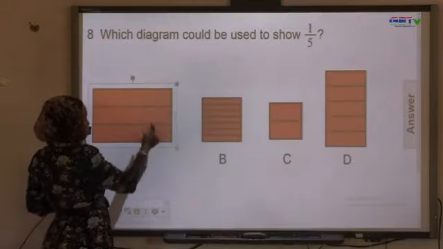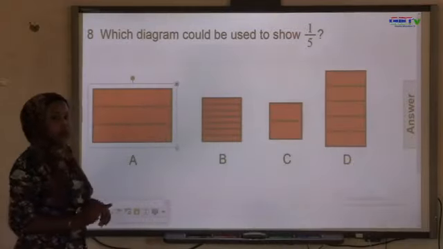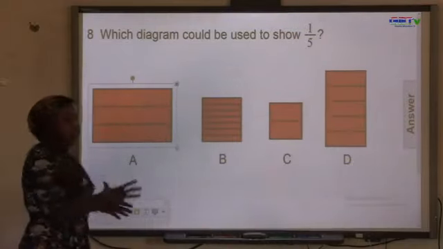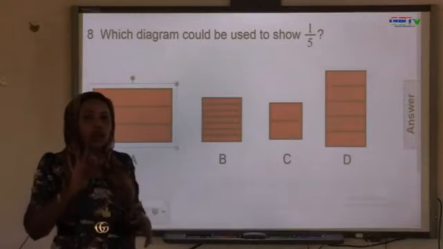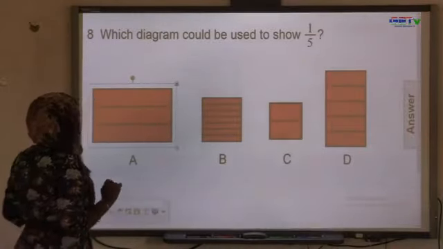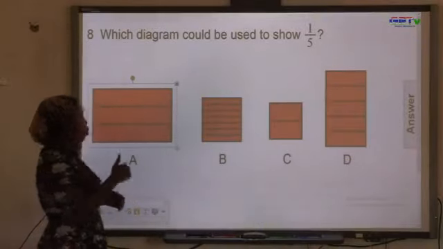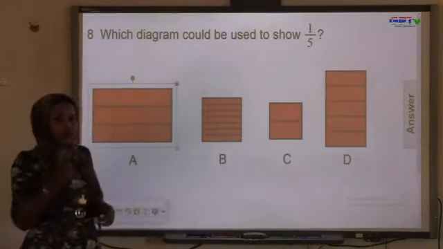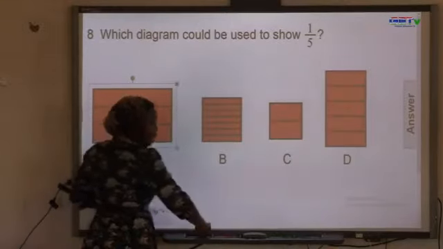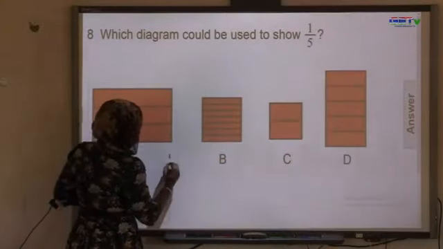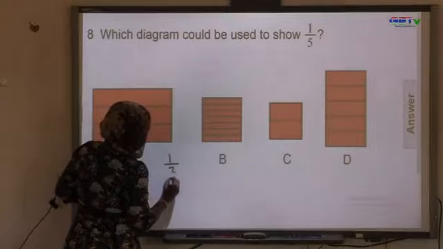1, 2, 3. The diagram is divided into 3 equal parts. Now each part is what? 1/3. And that is written as 1/3.